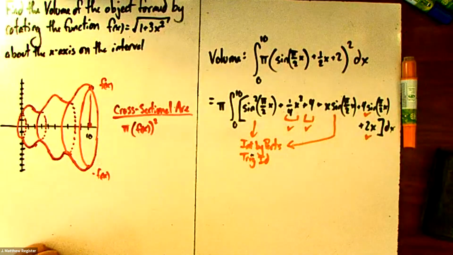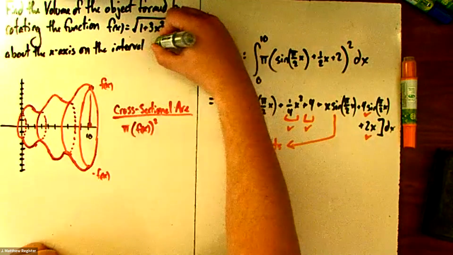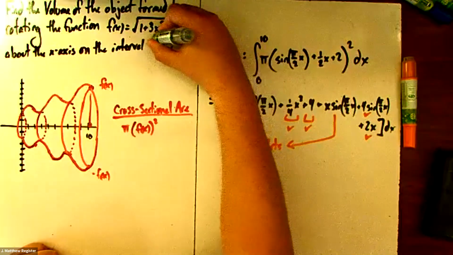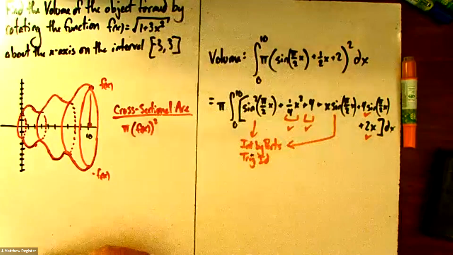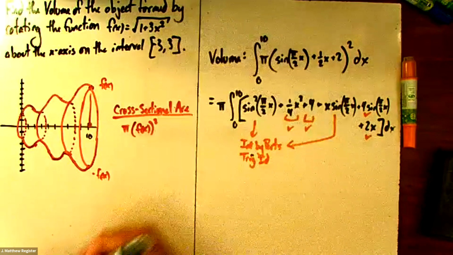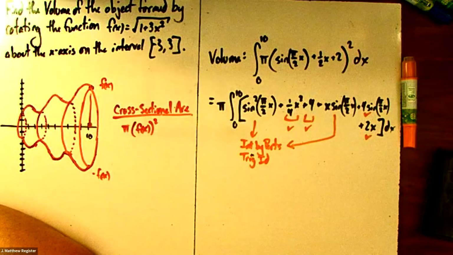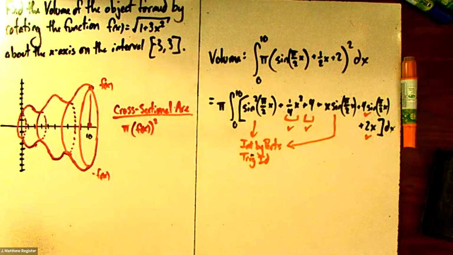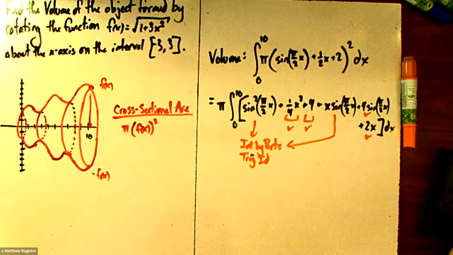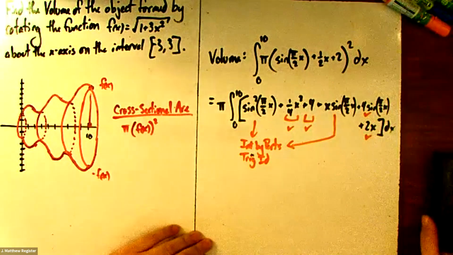And it'll be on the interval from -3 to +3. The process for this one is going to be almost exactly the same. But the integral at the end is going to be much, much nicer. And so let's go through this process.